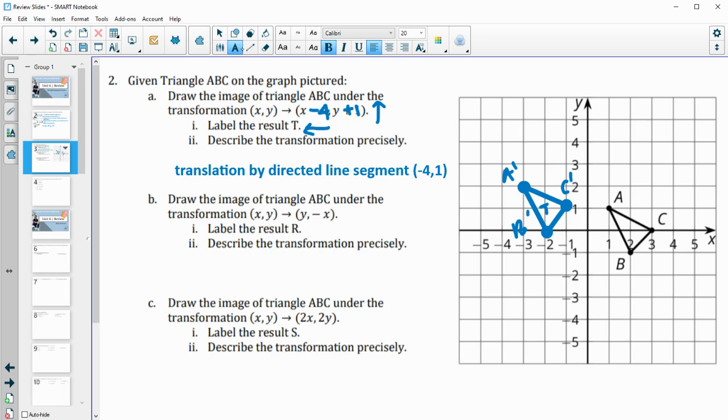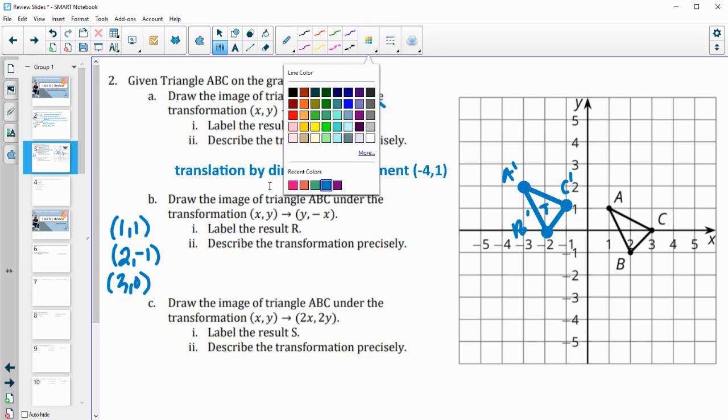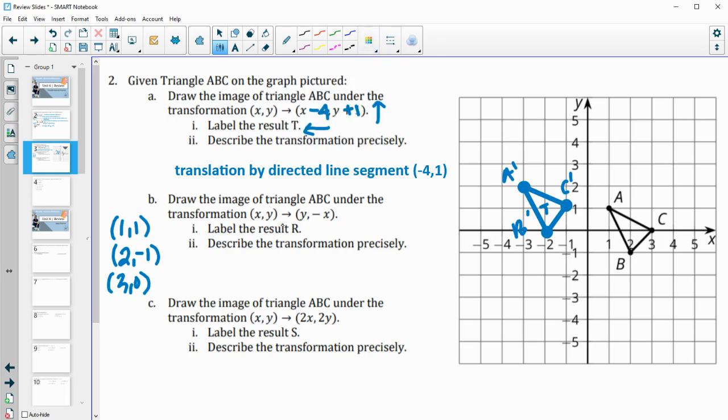And for this one, again, I would look at the actual ordered pairs. So I would write them out. So A is 1, 1. B is 2, -1. And C is 3, 0. Now I would do that transformation, which says put the y coordinate first. So take this y coordinate and put it first.